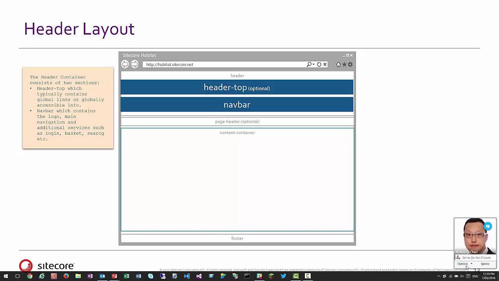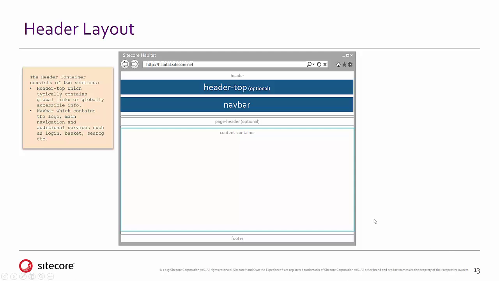Then there's a navigation bar that shows the actual main navigation, the logo, and the navbar activities, which is like the search, the language changer, those kind of things. Typically, if you want that.